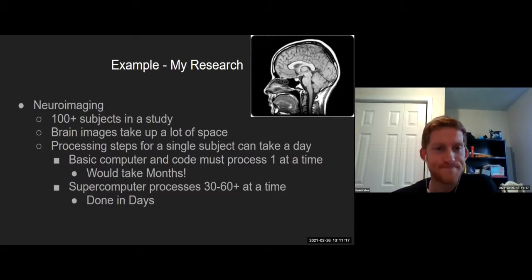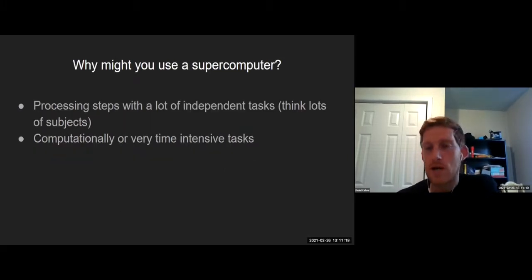So now we're going to briefly go into our first breakout session, where we're going to talk about what type of processing steps and independent tasks you might be able to use or incorporate with a supercomputer that are based in your research. And if you can't think of specific tasks that relate to your research, you can also think of just general tasks that might be used.